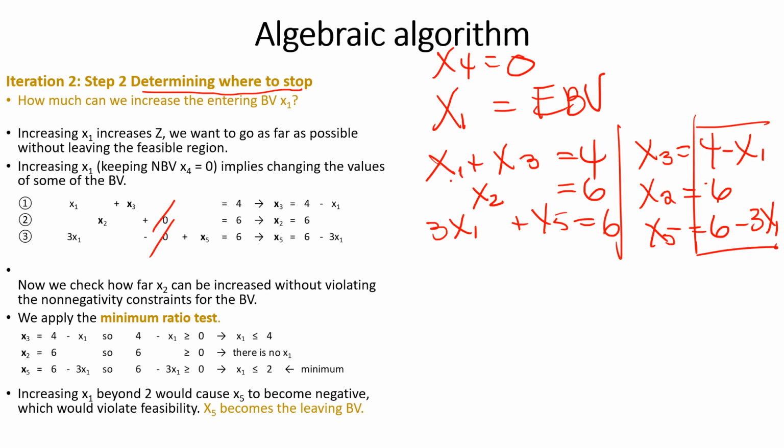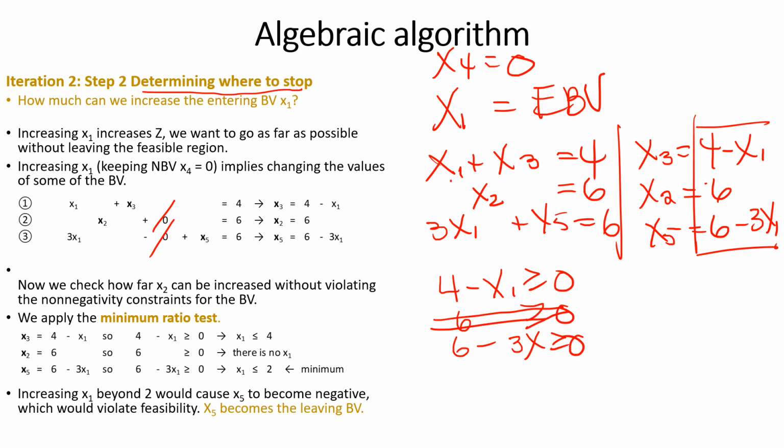So we are going to take only that part and put 4 minus x1 greater or equal to 0, 6 greater or equal to 0, and 6 minus 3x1 greater or equal to 0. This one doesn't have x1, so we're not going to work on this one. For the first one, x1 is going to be less or equal to 4. And for this one, x1 is going to be less or equal to 2.